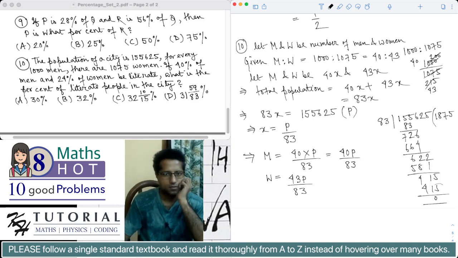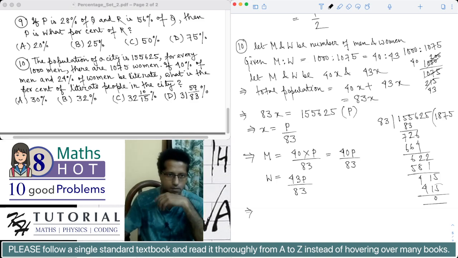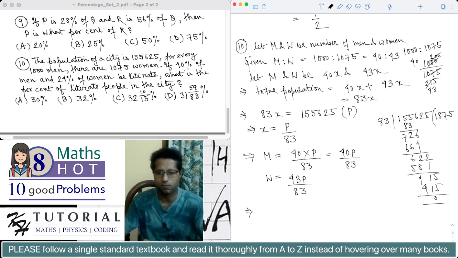Okay. So now we have to calculate the number of literate men and literate women. The number of literate men is given to be 40% of men.